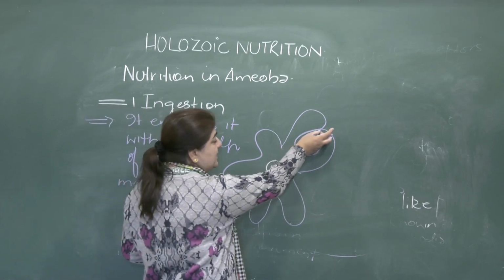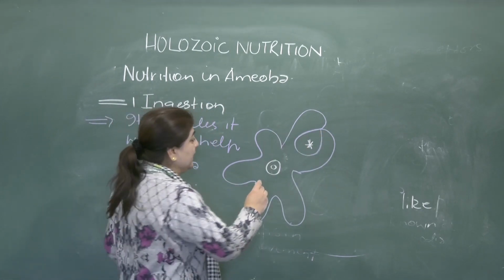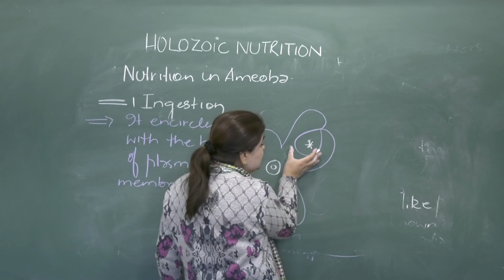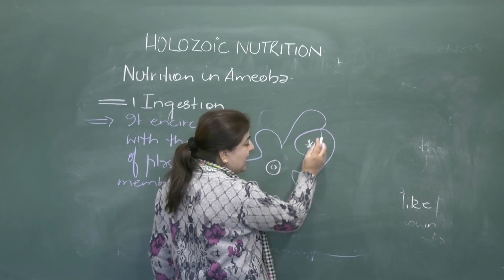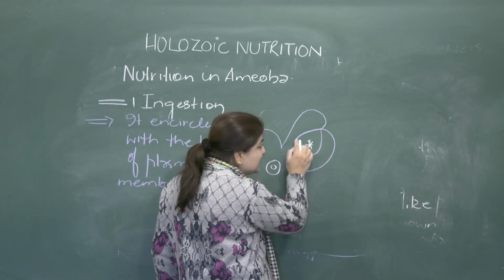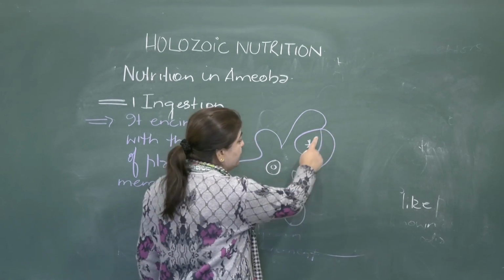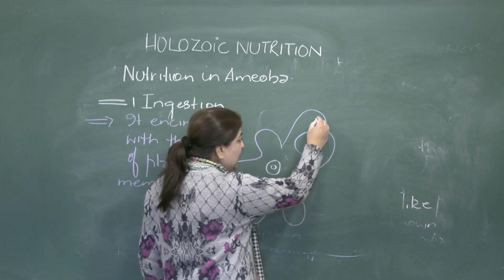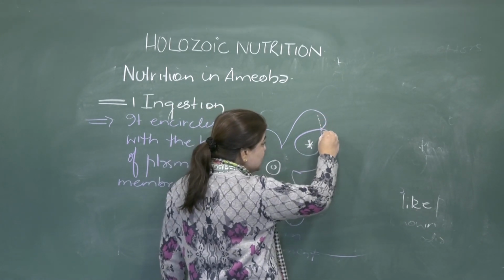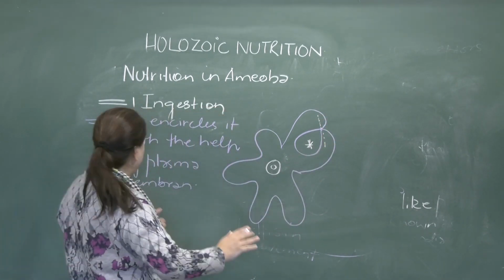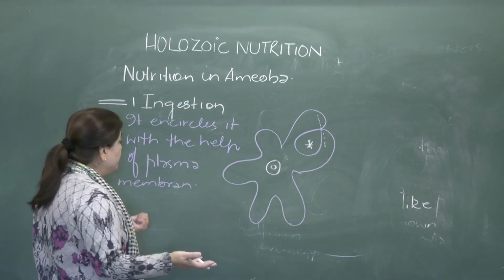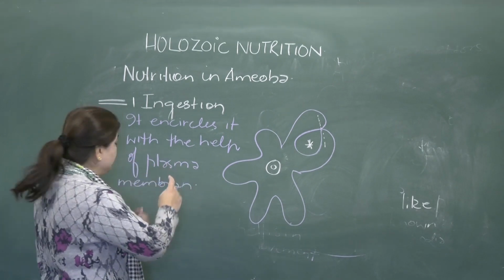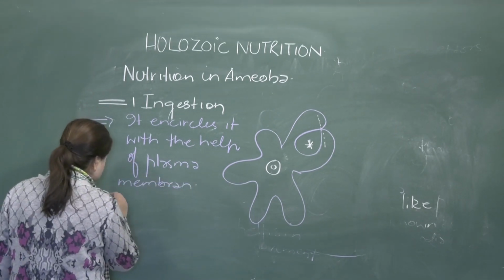Once this food is encircled, it results in the formation of a vesicle. The food is trapped inside this vesicle. What is the second step?